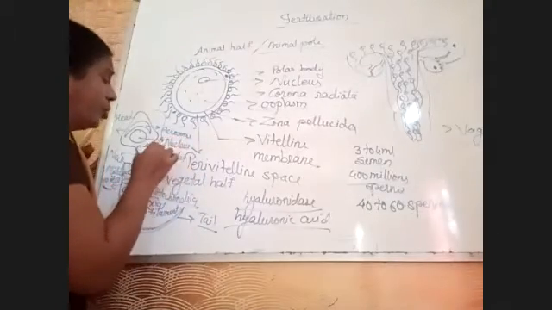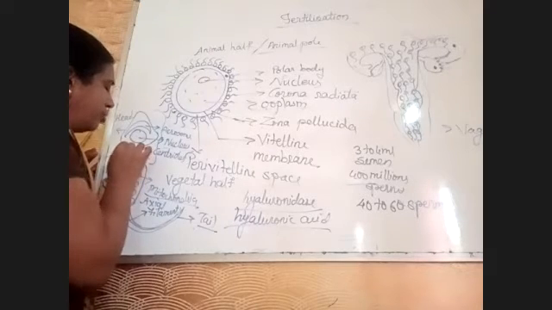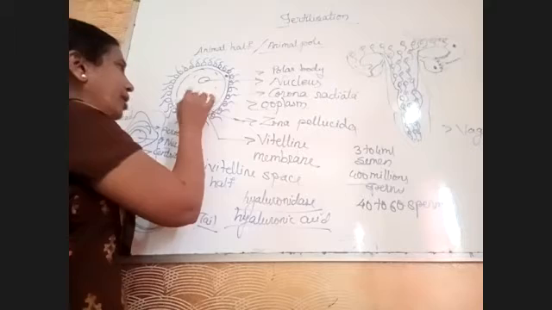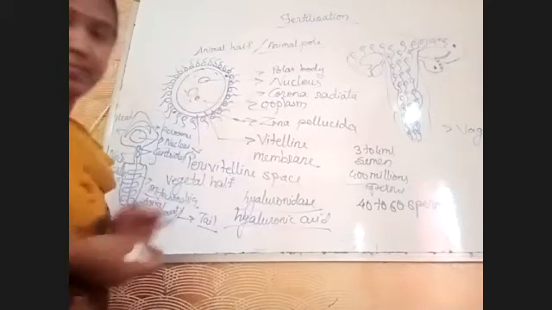Then the nucleus and the upper centriole, called the proximal centriole, will enter into the ooplasm.